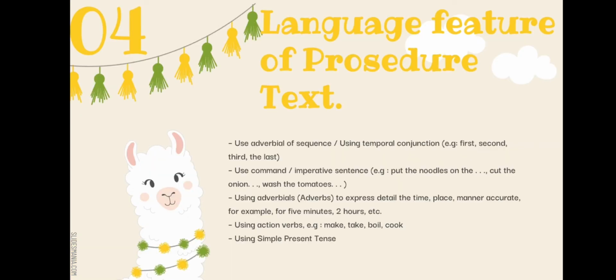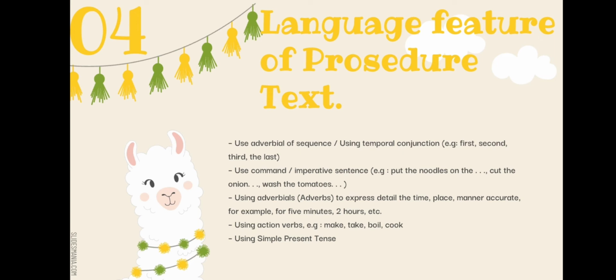Fourth is the language feature of procedure text. What is the language feature of procedure text? The first is using adverbs of sequence or temporal conjunctions, for example, first, second, third, and the last. The second is using command or imperative sentences, for example, put the noodles on the plate, cut the onion, and wash the tomato.